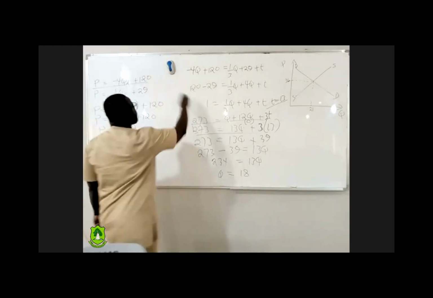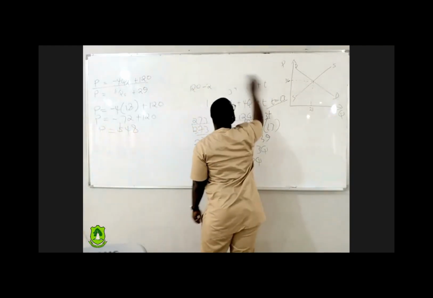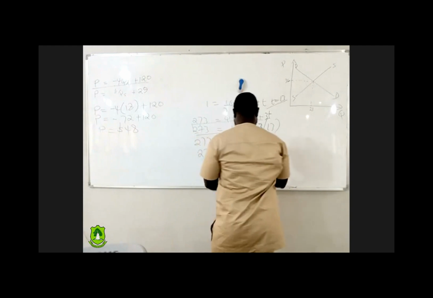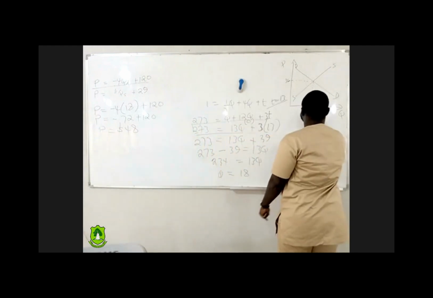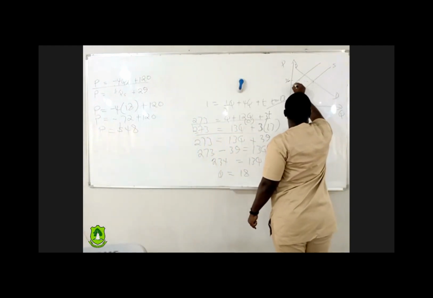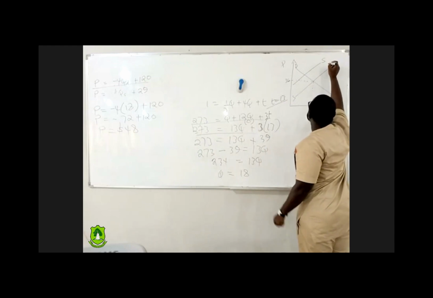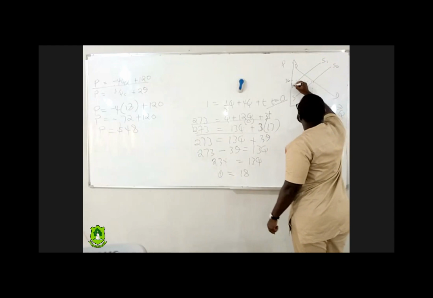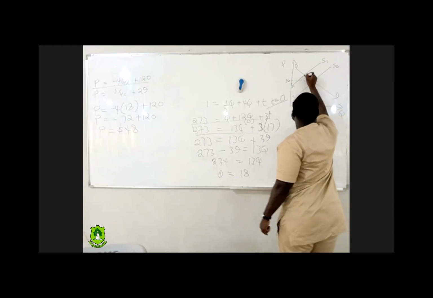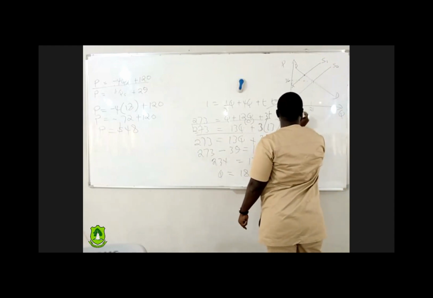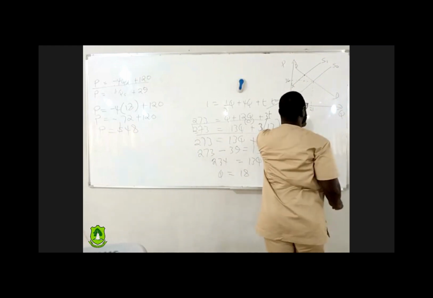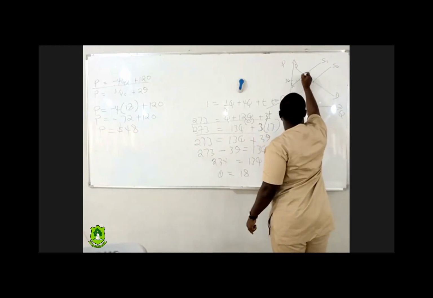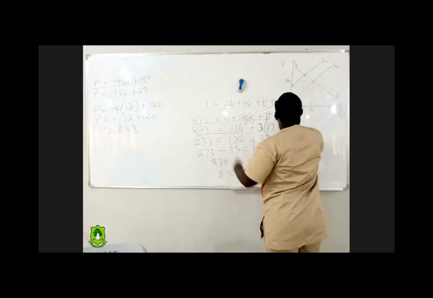The new equivalent quantity is now 18. Remember, when tax is imposed, it will reduce the supply function. So the new quantity supplied is now 18, as you can see. And the new price that we found is now 48.